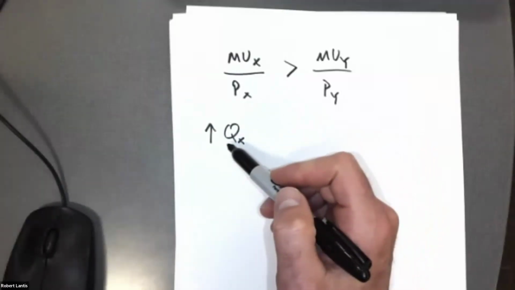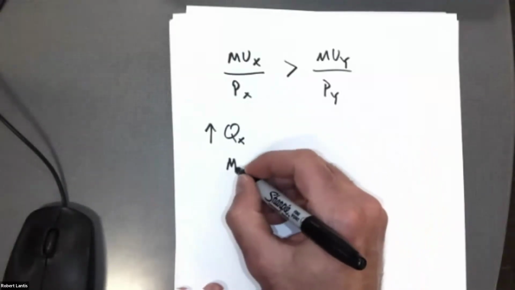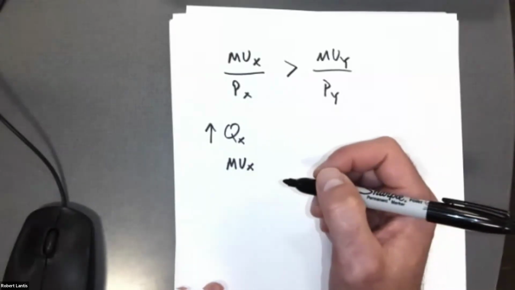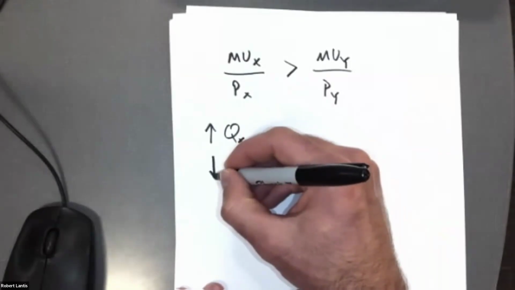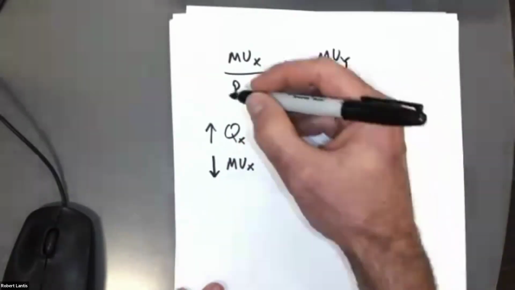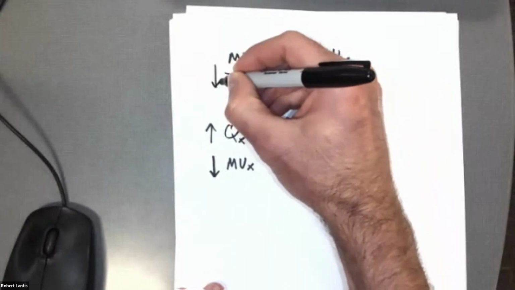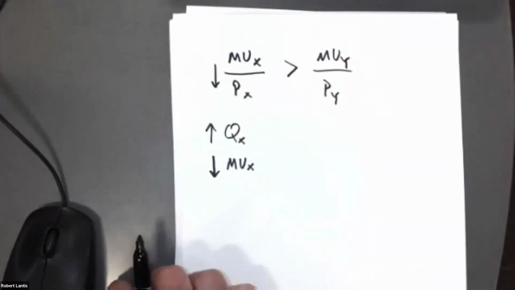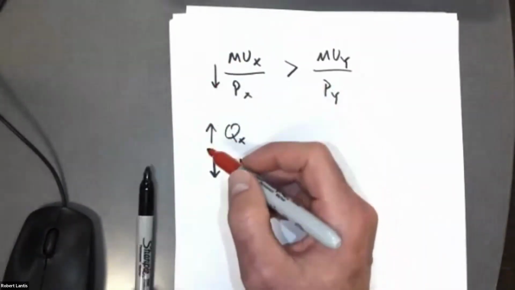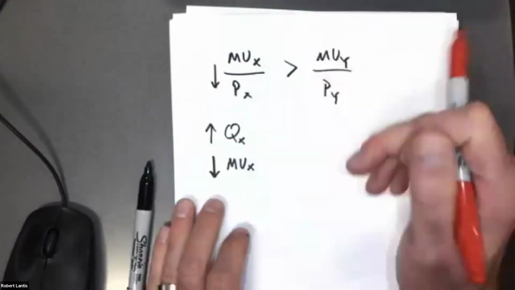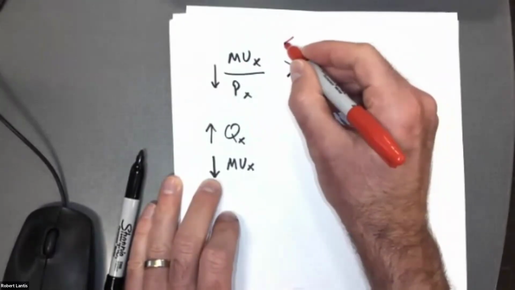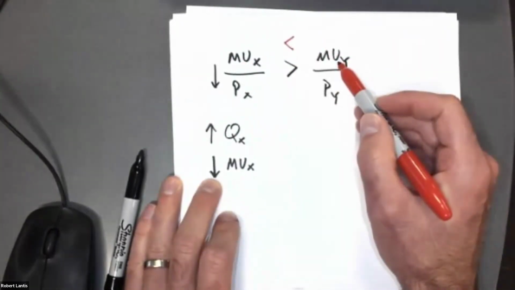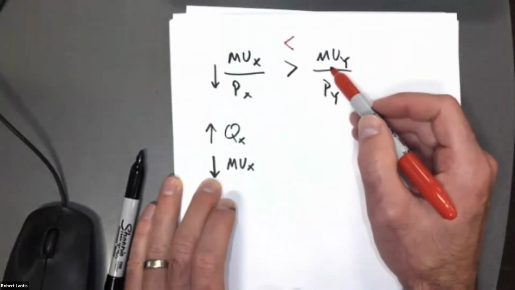But as I have more of something, what's happening to the marginal utility of that good? We said as I buy more, the marginal utility of the last unit is going to go down. So our marginal utility per dollar would go down. Now that's going to continue. I can keep buying X if this is true. At a certain point, this marginal utility per dollar is going to flip so that it's now higher for good Y. So now what do I do?